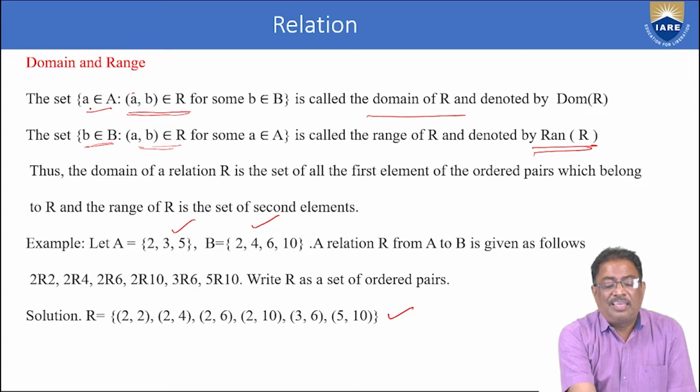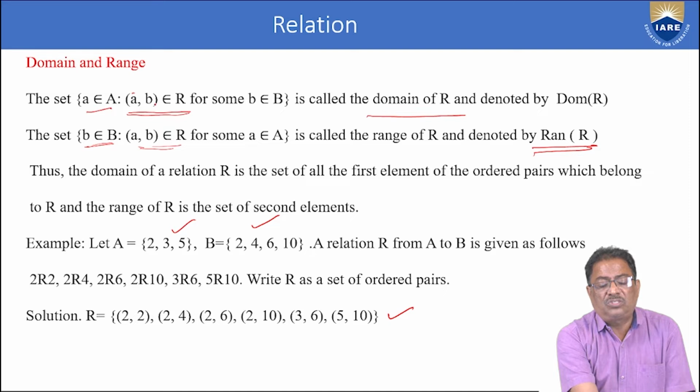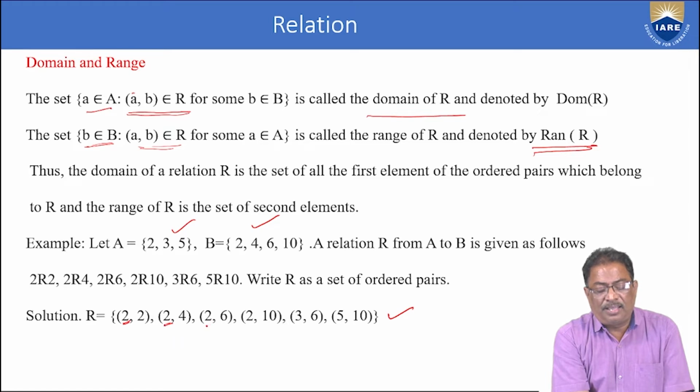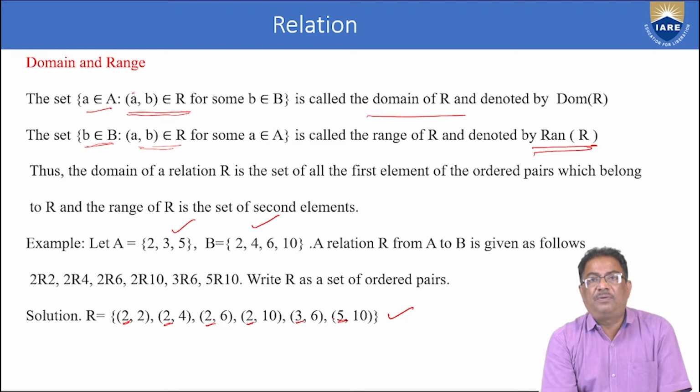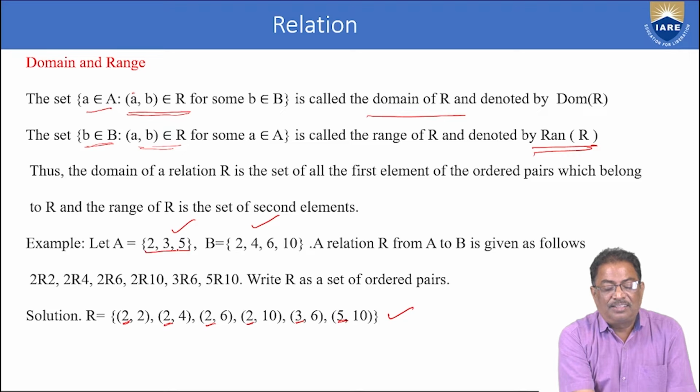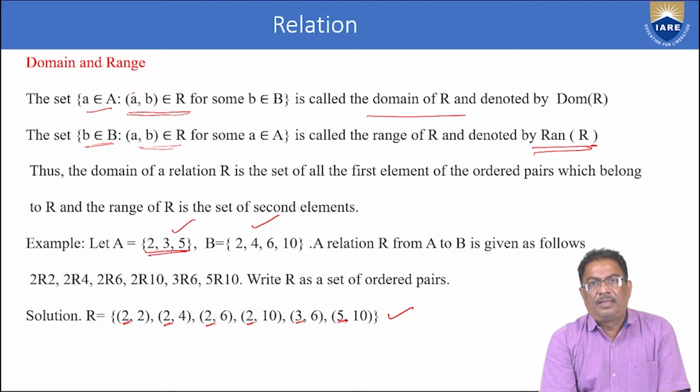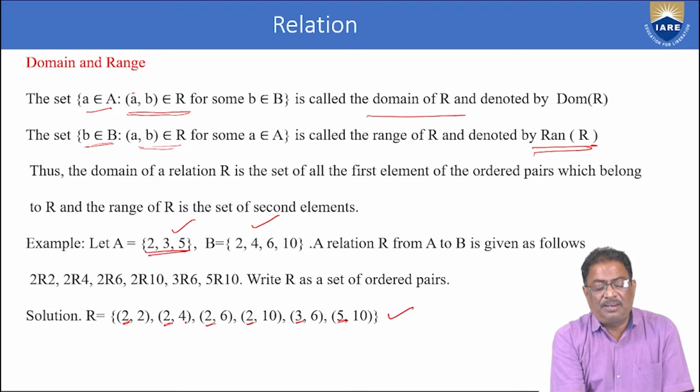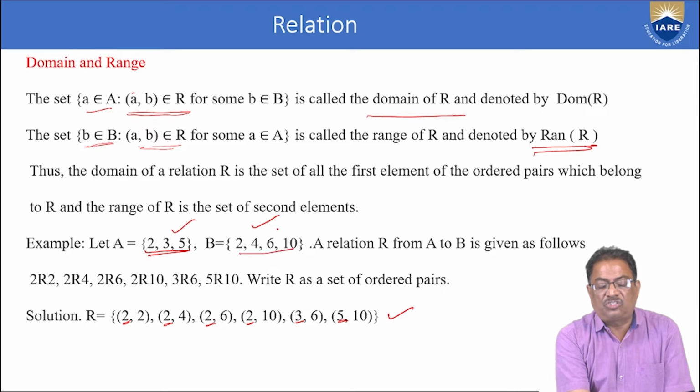The set of all first elements of A. Here 2 will be there, and everywhere 2, and then 3 will be there, and 5 will be there. So this is the domain. And the range: 4, 2, 4, 6, 10, where 6 is repeated and 10 is repeated. So this is the range.